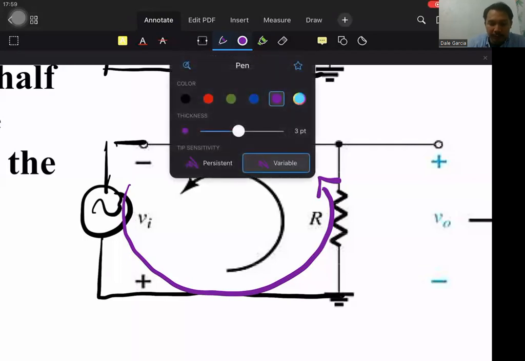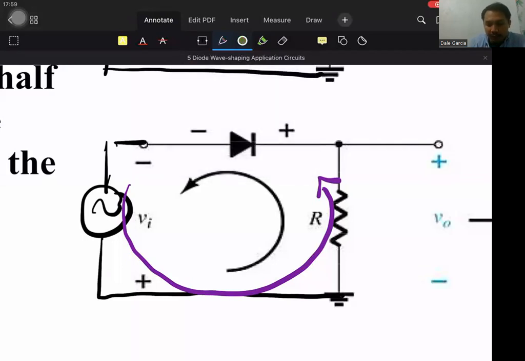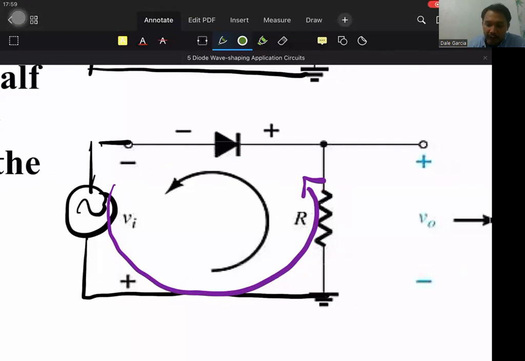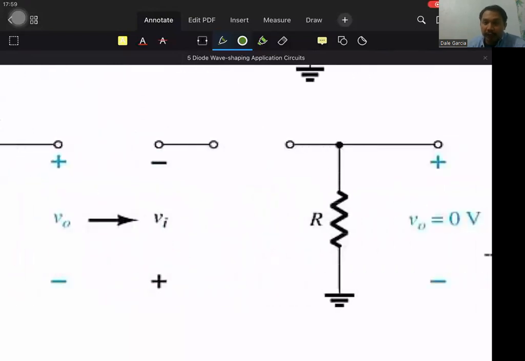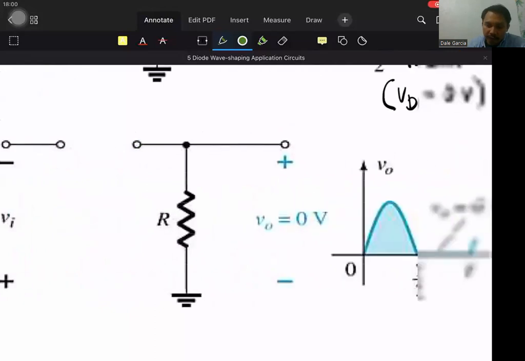In this case, they do not coincide. The direction of the current for the diode to be forward biased is that way, and the current in the negative half cycle, which is the purple one, collides with it. So it is reverse bias. The equivalent circuit of this is an open circuit, and because it is open, no current will flow.